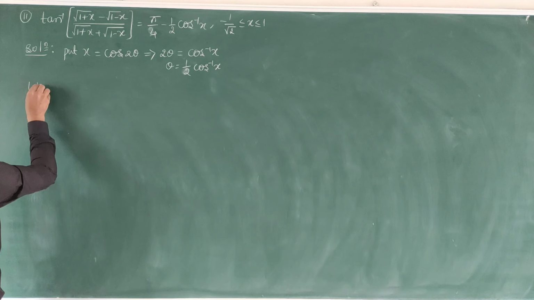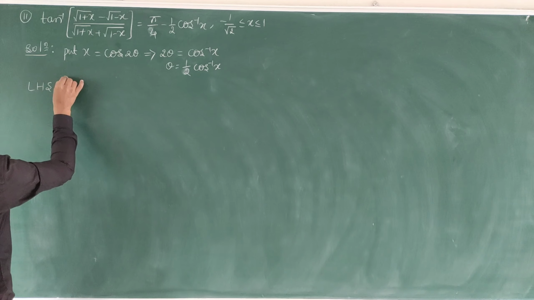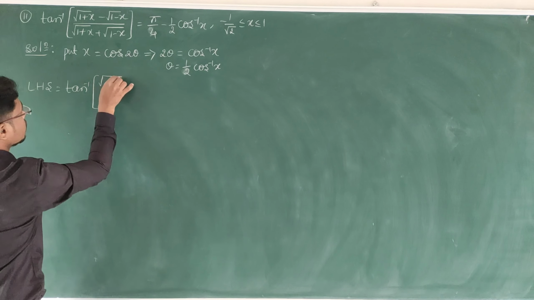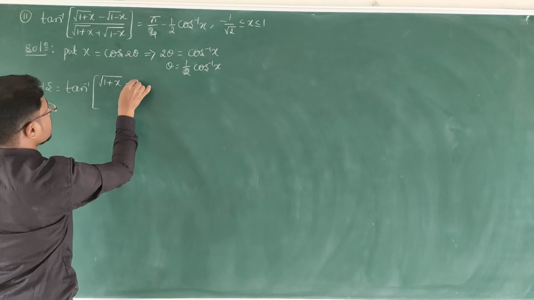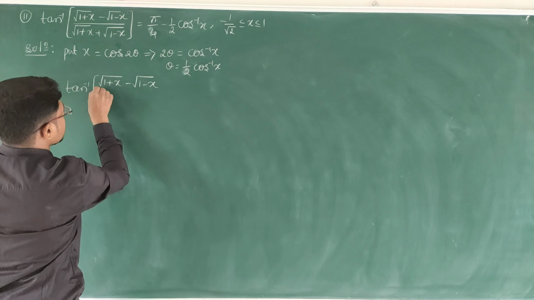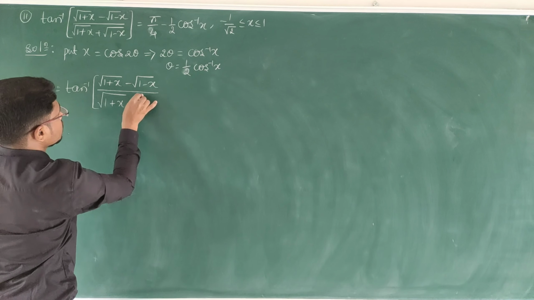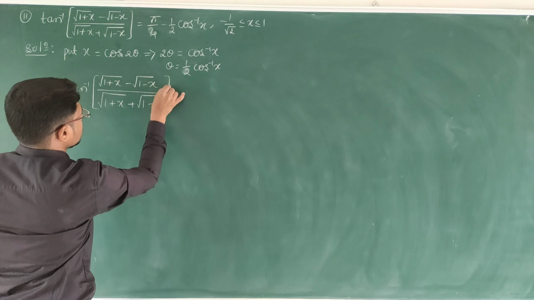Consider LHS. LHS is equal to tan inverse of root 1 plus x minus root 1 minus x upon root 1 plus x plus root 1 minus x.